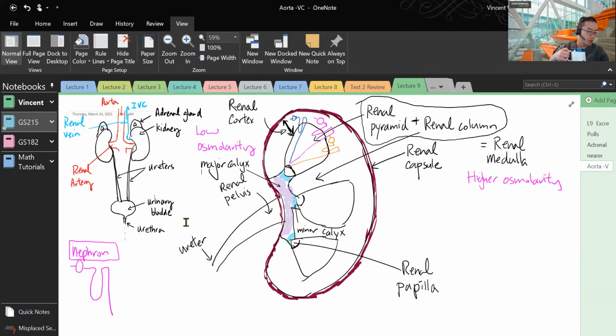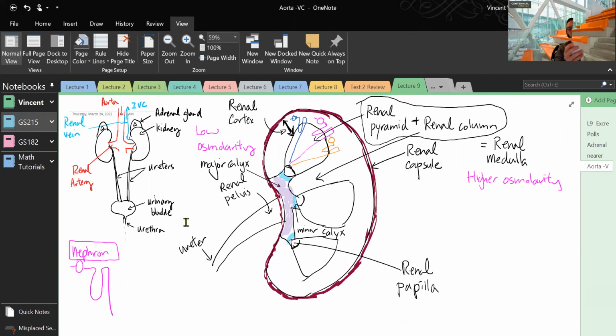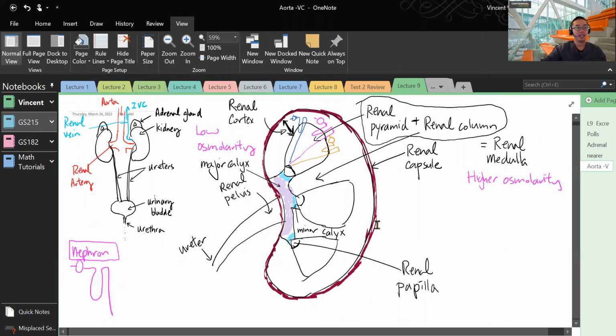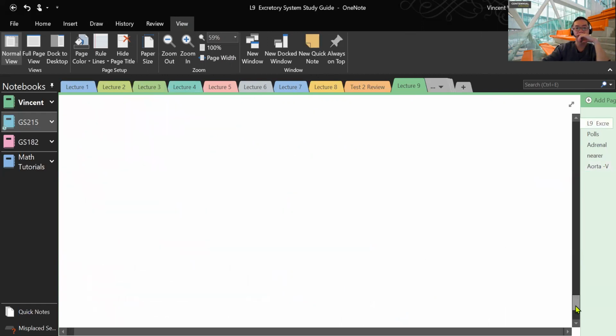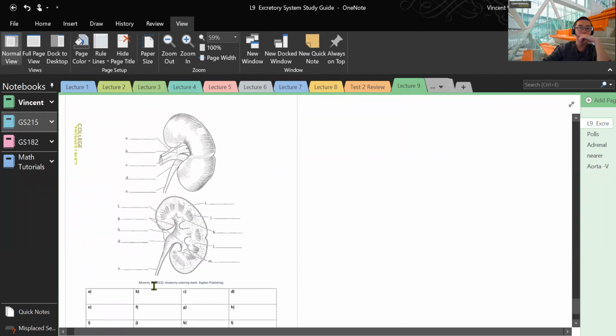Now, in your course pack, study guide, there is a diagram that looks like this. Right, this one. I don't know if you can see. Oh, you cannot see it. Sorry, I turned on the virtual background. You cannot see, but I guess I can go here. There is a diagram right here, right? And you can label it yourself.